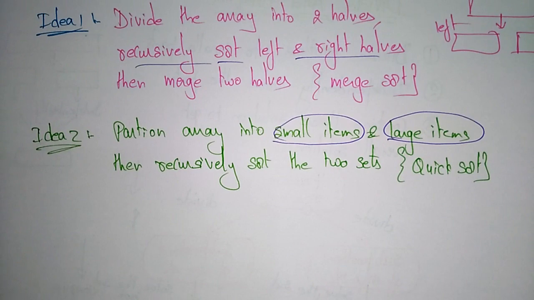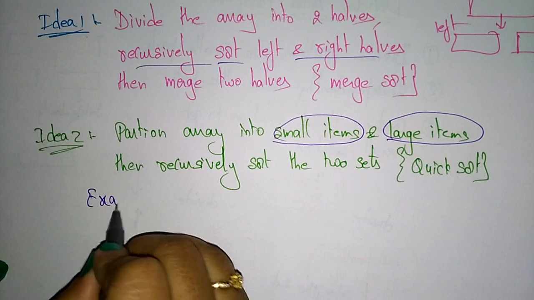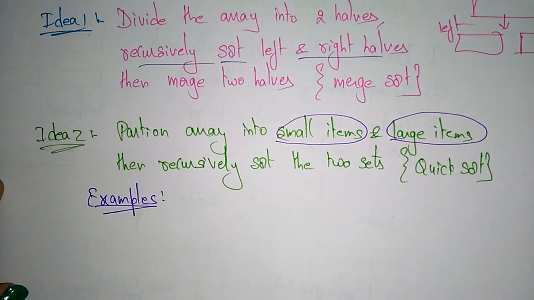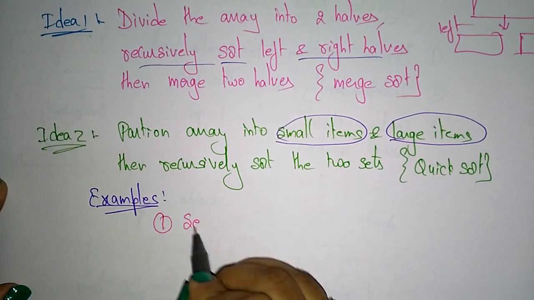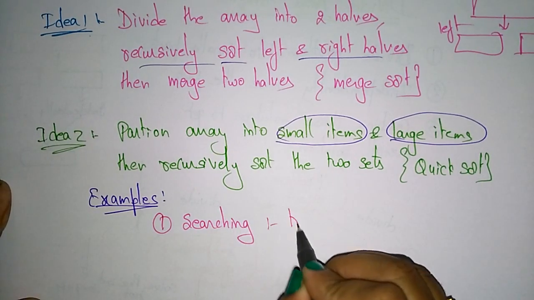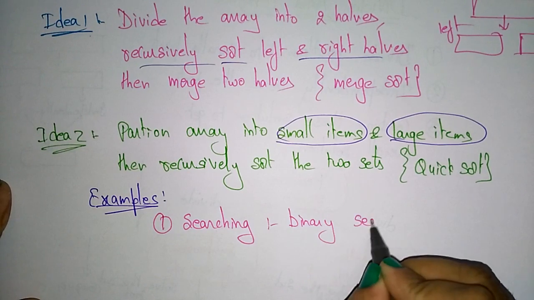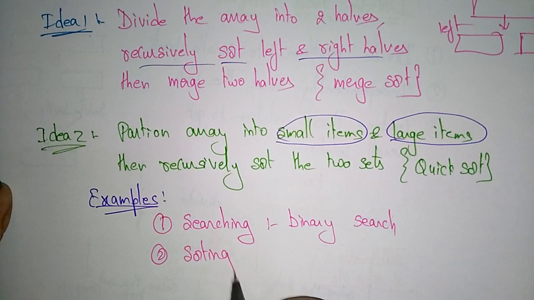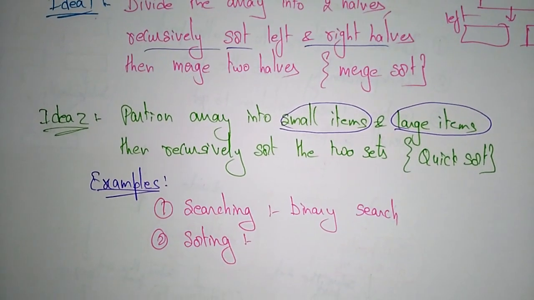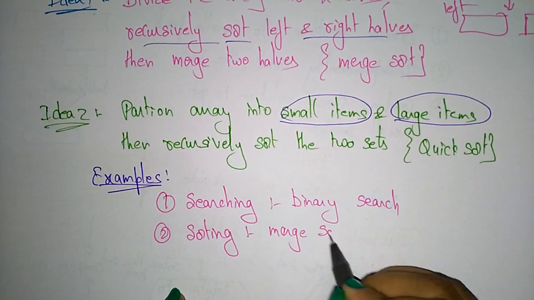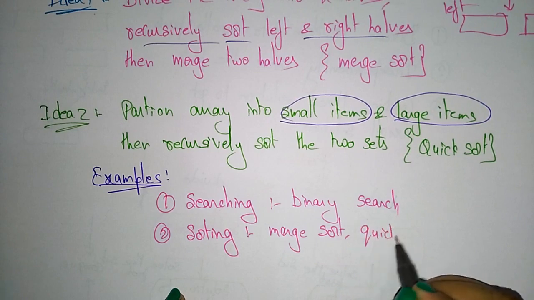Let me write the examples for divide and conquer. What are the examples for the divide and conquer method? First one is searching. Searching is one example for divide and conquer. To explain this search technique, I will take binary search. The second is sorting. In sorting also we use the divide and conquer method, with examples merge sort and quick sort.